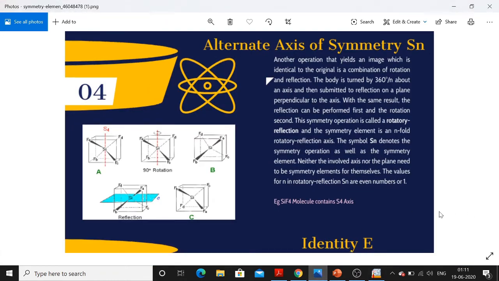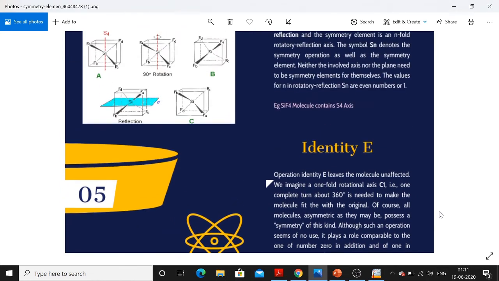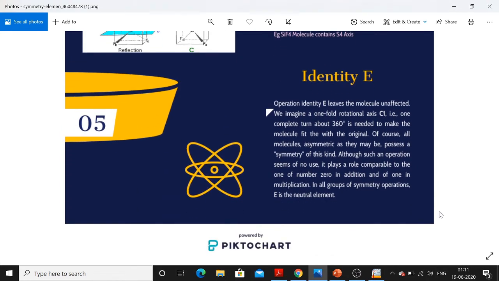And the last one is the easiest one, that is identity. We are not going to deal with this identity part more in stereochemistry, because all molecules, whether chiral or achiral, always have the identity. That is, you rotate the molecule through 360 degrees, and of course you get the original structure, and that is called the molecule possessing identity.